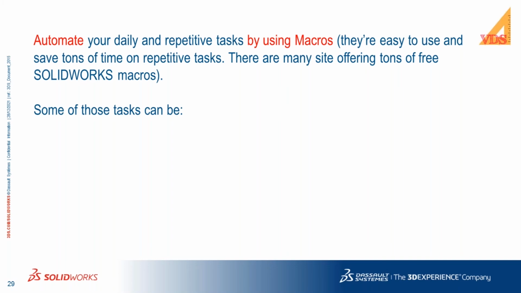So what or where can you use the macros? Say you have 100 drawings and you want to save a PDF of all the drawings in a specified folder. What you will do is open up all the drawings one by one, file, save as. You will select the location, select the type PDF, save, then close the file and open up the next file.